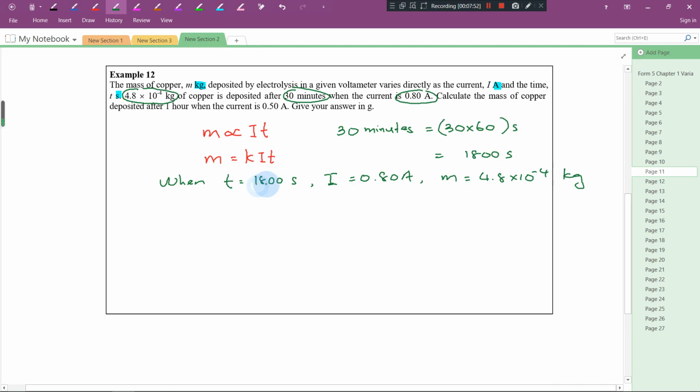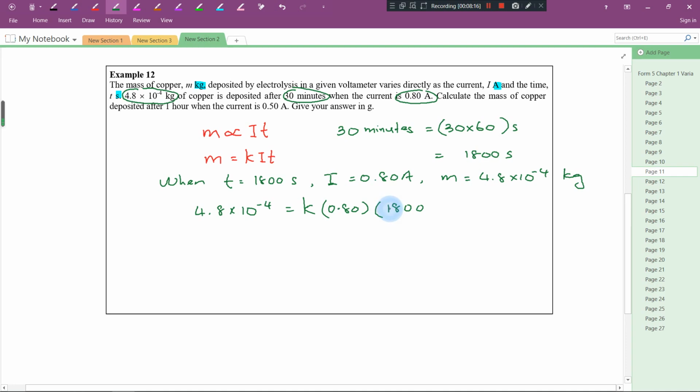Okay, so now I can use all these values to help me get the value of K. M is equal to this, 4.8 times 10 power negative 4 is equal to K times I, which is 0.80, times T, which is 1800.